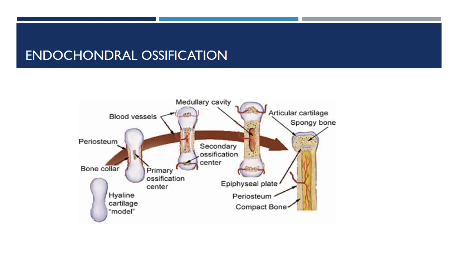Which is going to create a lot of space inside the hyaline cartilage model, and that space is called the medullary cavity. Now the osteoblasts will start making bone. So now the bone tissue will replace the cartilage, except in the epiphyseal plate. We will still have hyaline cartilage in the epiphyseal plate. So this allows the lengthening of your long bones. So that's the process of endochondral ossification.